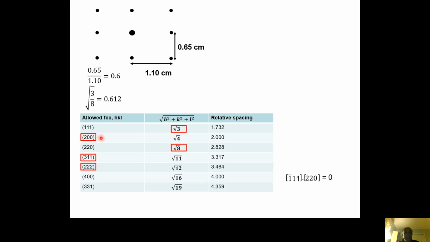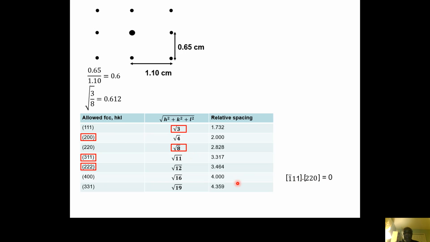When you multiply that by this 2, 2, 0, if you take the dot product, you should have 0. That means they are 90 degrees, because we know this is coming from a square lattice. So we need to make sure from these ones you get that 0.